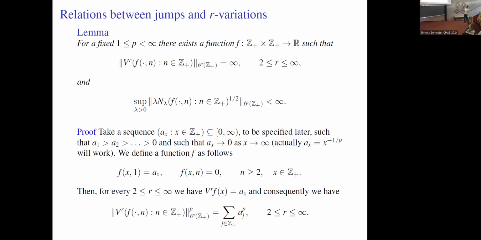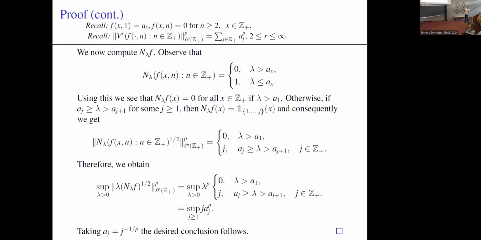We can already observe that with our choice, this will be the sequence 1 over k, so this is equal to infinity. Okay, do you see that? Well, I can draw a picture of those functions if you want.